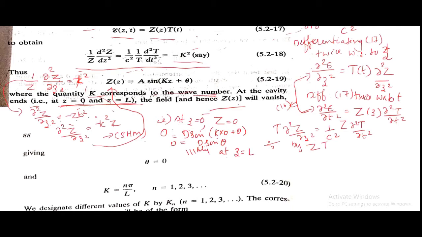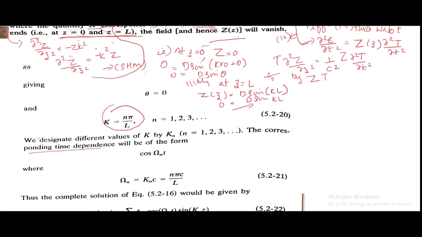Similarly, at z = L, we can write Z(z) = D sin kL, or 0 = D sin kL. And this is possible when k = nπ/L, where n = 1, 2, 3, etc.